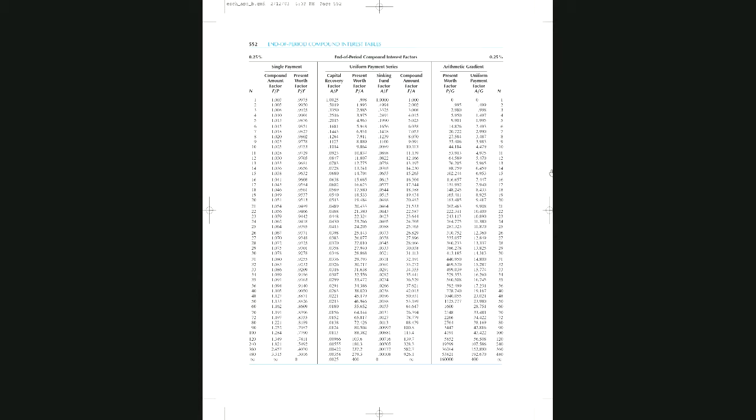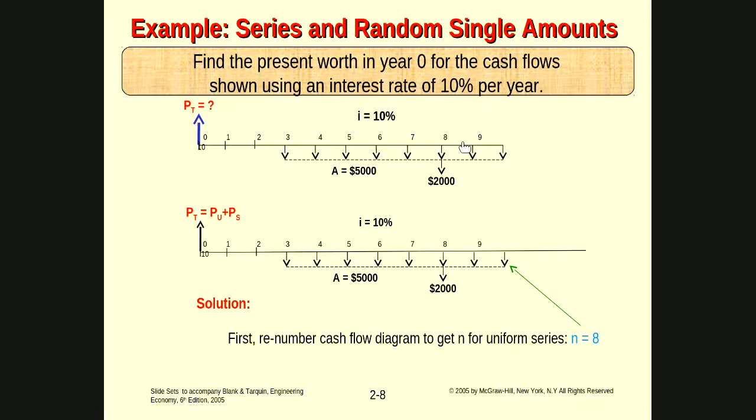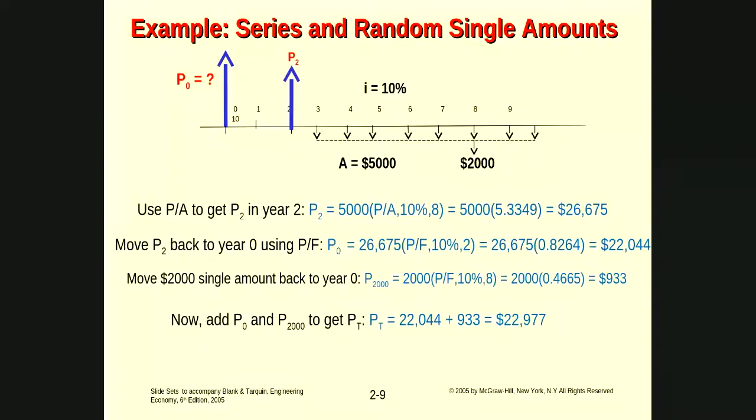Let's go back to the slides. That means the number of years where the annual is placed: 1, 2, 3, 4, 5, 6, 7, 8.